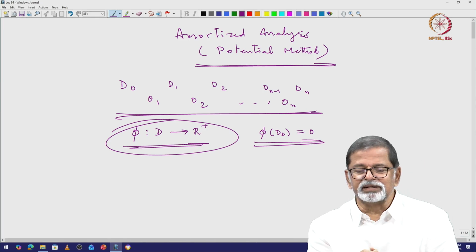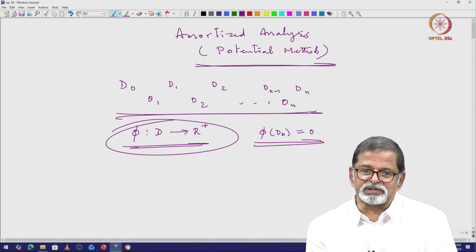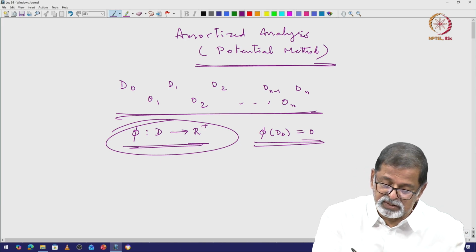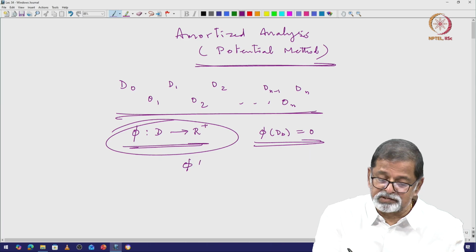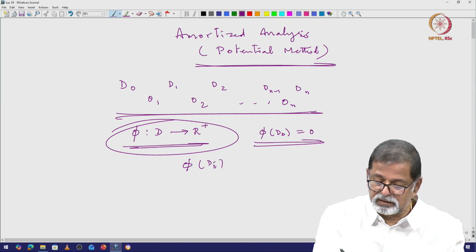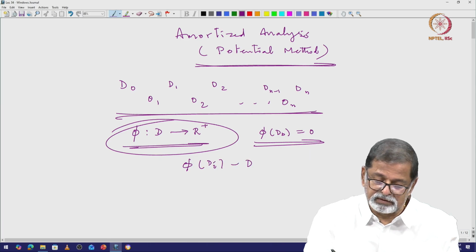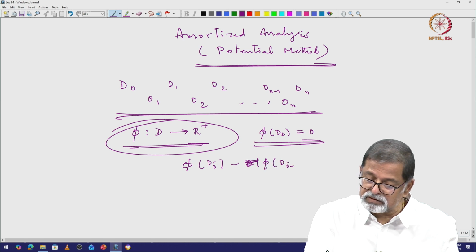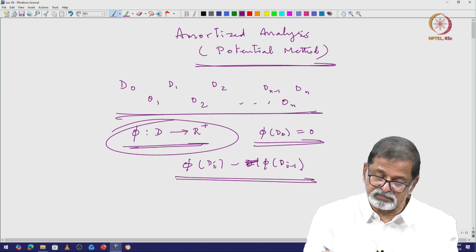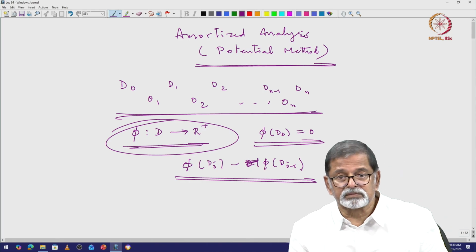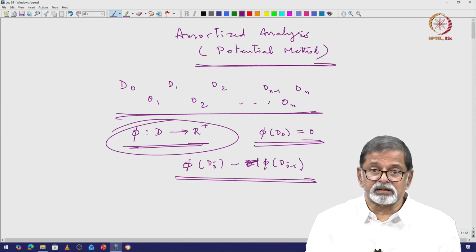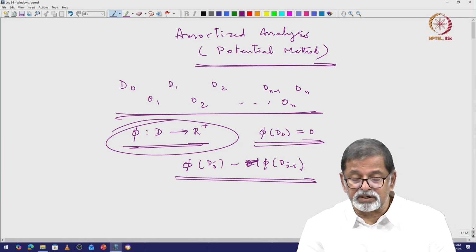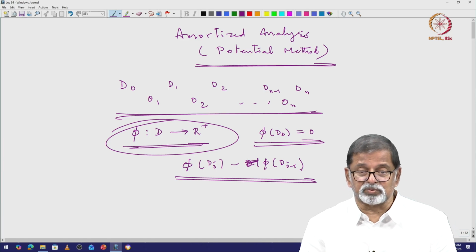So, intuitively when the potential function is positive, consider the potential difference, potential Di minus potential Di minus 1.